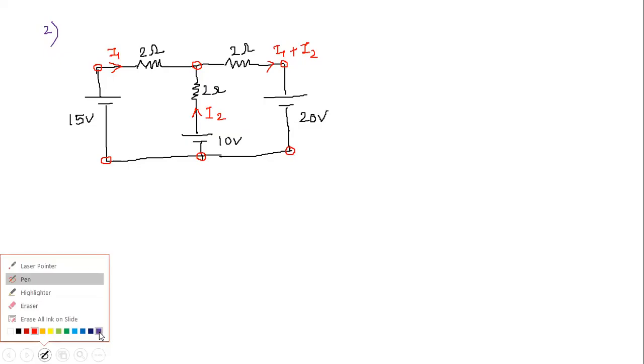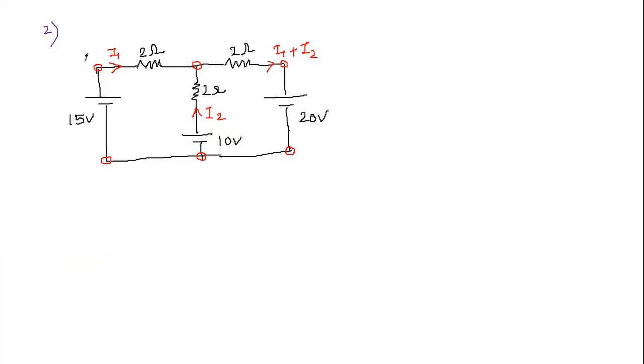I try to label it because this is how I'm comfortable. Now what else is pending is the polarity. I'll mark it. This one is plus, this one is minus, this one is plus, and this one is minus, right?